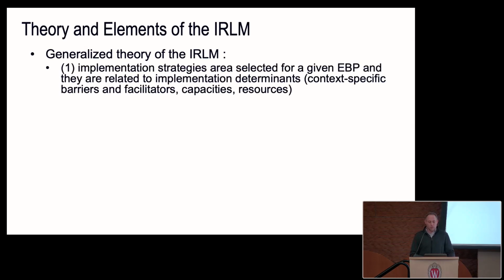So here are some of the key assumptions. We assume that implementation strategies are selected for a given evidence-based intervention, and they are related to implementation determinants. So I'm going to pick implementation strategies that align with the needs or requirements of an evidence-based program, and that help me overcome barriers in my context or leverage facilitators in that context.